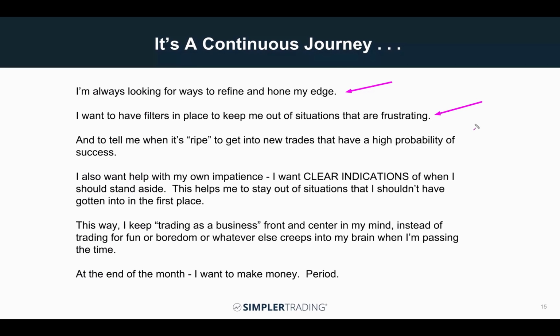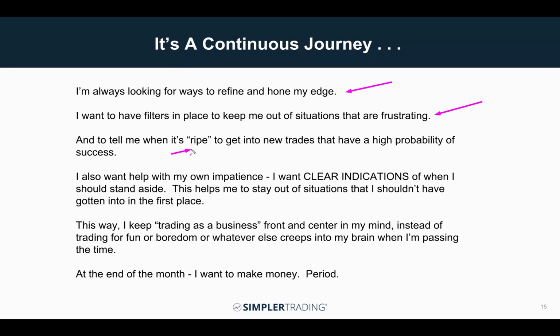If you can have something that gives you a huge warning flag before you get into a trade, that's going to save a lot of angst and a lot of anxiety, and at the end of the day, a lot of profit potential. And then I also want to know when it's time to get into new trades that have a high probability of success.